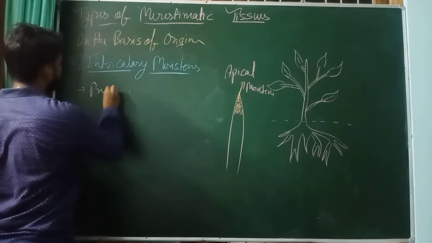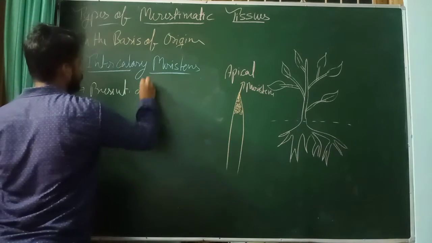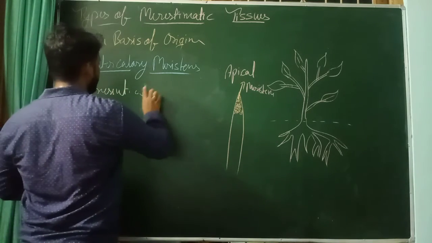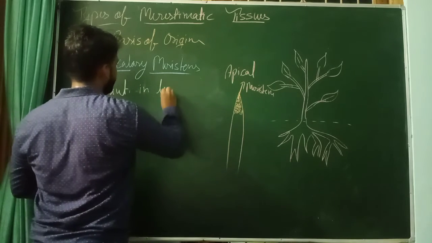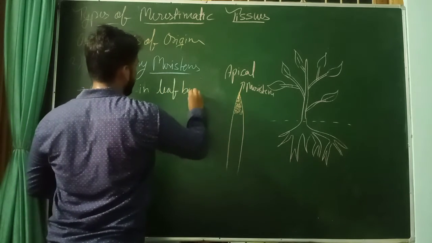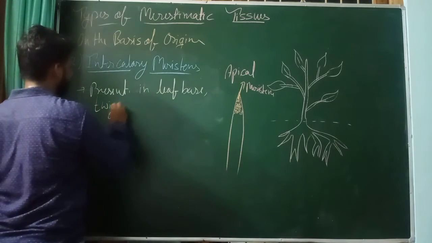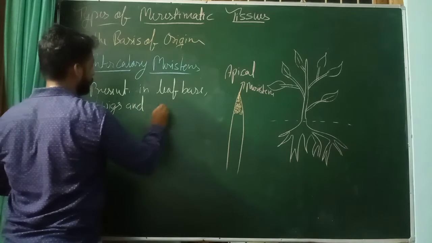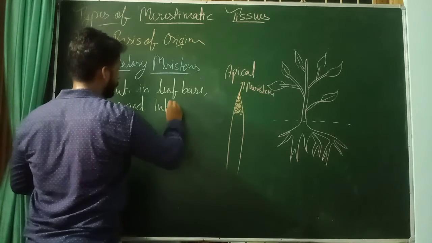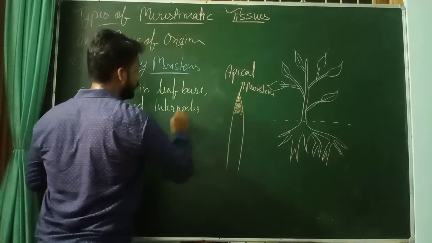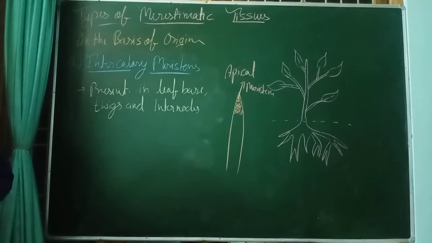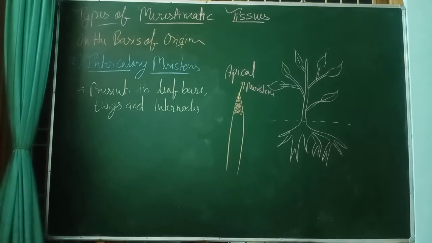Present in leaf base, twigs and internodes. What are these internodes? These internodes are present between two nodes.